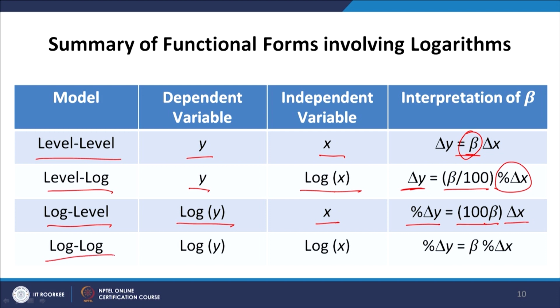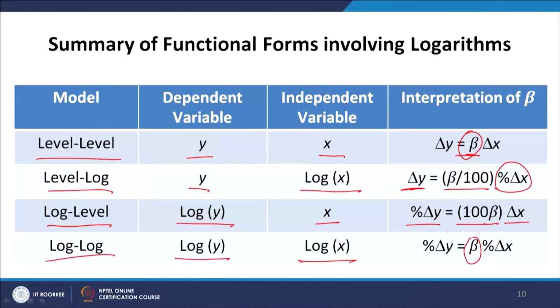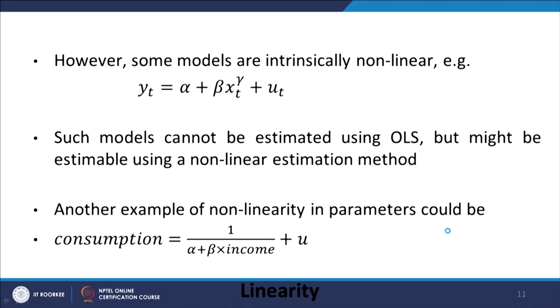And finally, we can have log log. So, y is measured in terms of logarithm, x is also measured in terms of logarithm, and then again beta has the usual interpretation that percentage change in x leads to beta percentage change in y, right. So, this is the summary of functional forms involving logarithms.